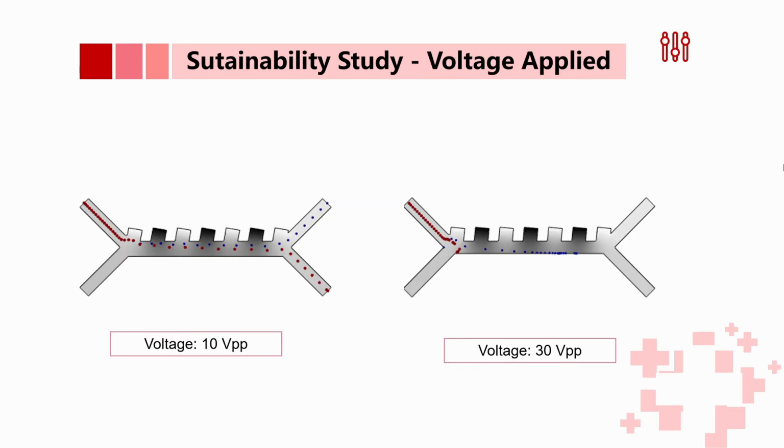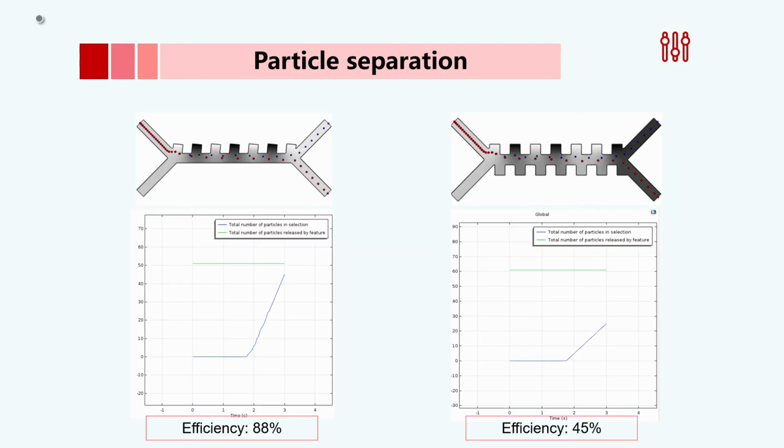As for the observation of the voltage that was needed to achieve optimal separation of the device, 10 volts peak to peak was the minimum requirement for this device to work and function well. Also, when a voltage of 30 or above was applied, the cells were damaged due to a phenomenon called the Joule heat effect.